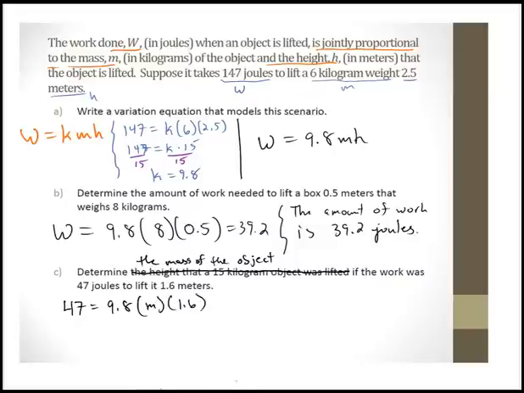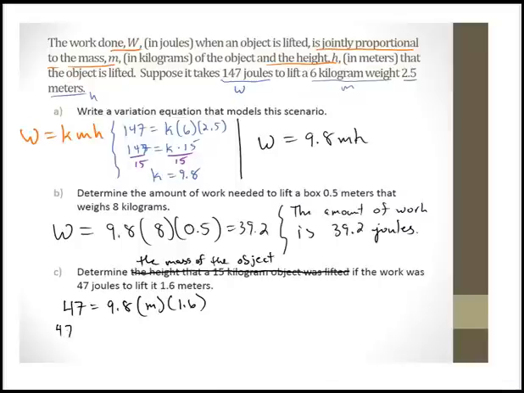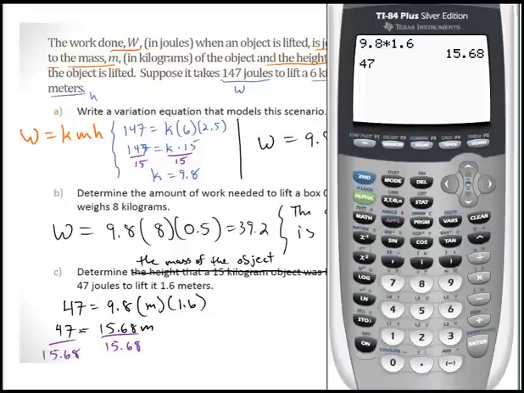Alright, so on the right-hand side, I can multiply the 9.8 by 1.6, and that's 15.68. So 47 is equal to 15.68 m. Now I'll divide through by 15.68. So 47 divided by 15.68 is 2.997.